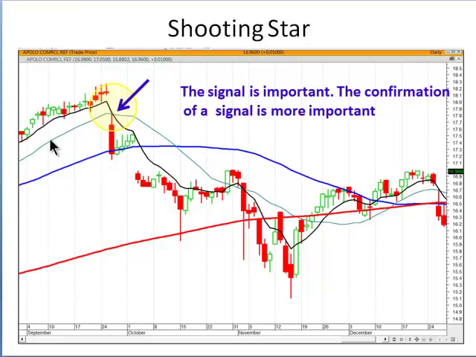The candlestick signals are important: shooting star, doji, a doji shooting star. But the real compelling confirmation is coming out of that position. When they gap it down, that force will push it down much quicker than if it just starts to sell off. Your trajectory on the sell-off may be like this, whereas with a gap down, your trajectory may be much stronger.